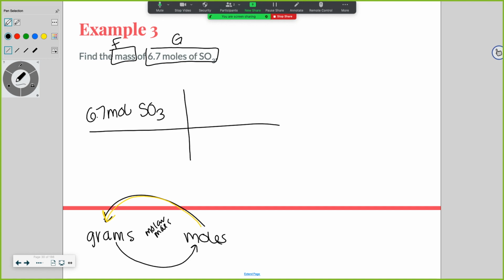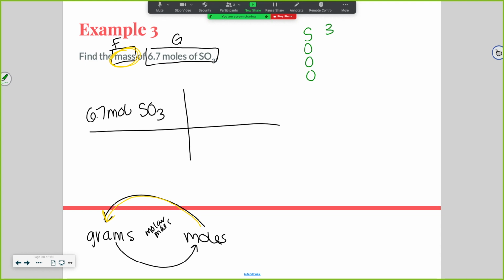No. So as soon as you see mass in a problem, as soon as you see anything dealing with mass or grams, you should go ahead and find the mass of the substance it's talking about. So we've got SO3. So I have a sulfur, an oxygen, right? Let's add them up. How much does sulfur weigh? 32.059, so 32.